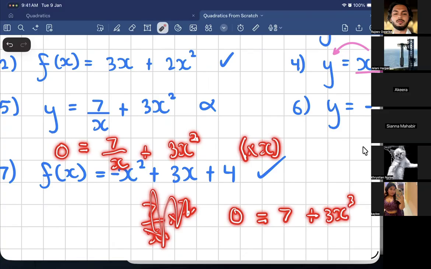Okay, let me ask that question. What is 5 squared? 25. Okay, how did you get that? 5 by 5. So you multiply 5 by itself how many times? Not quite.